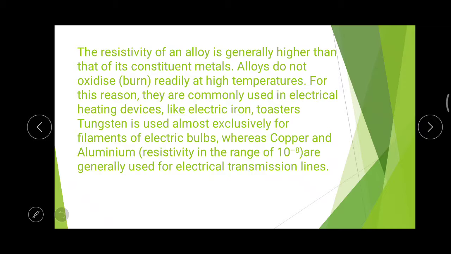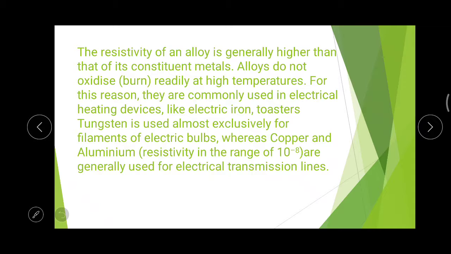Copper wires are a little costlier than aluminium wires. That's why in common electrical lines we use aluminium wires, but inside the house we use copper wires. Copper has lower resistivity than aluminium, so it can conduct electricity more efficiently.